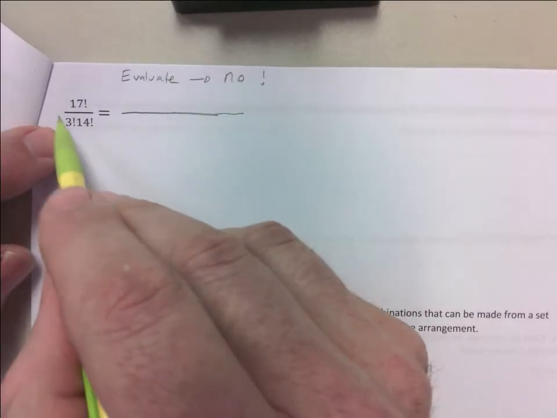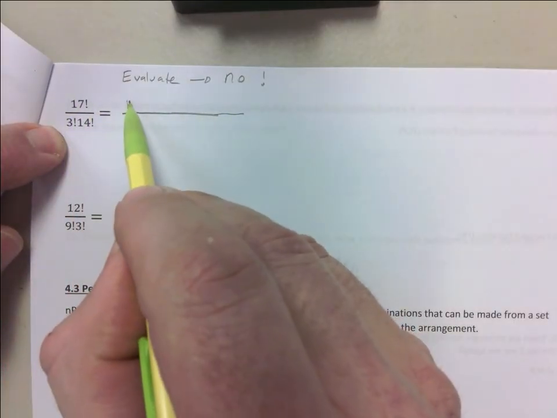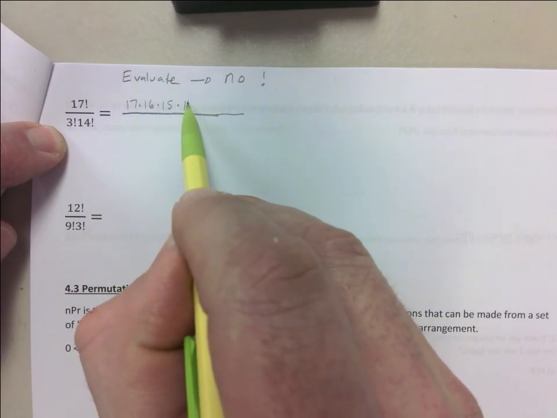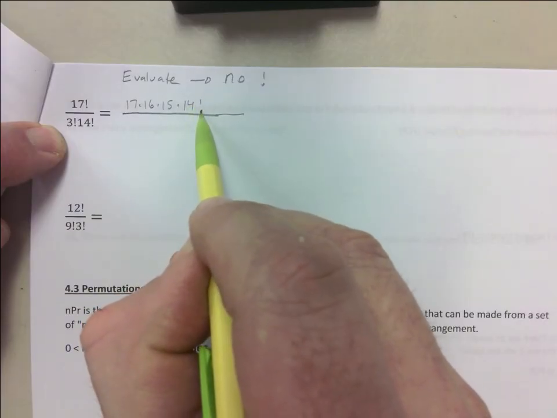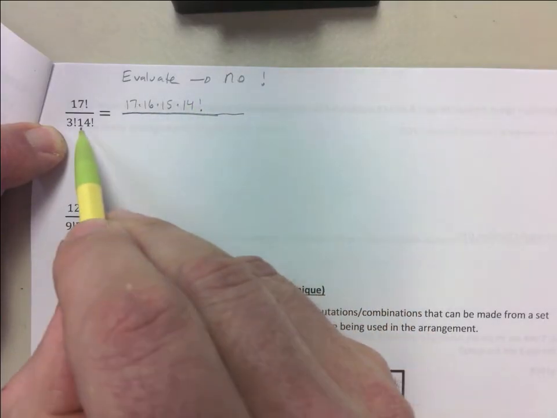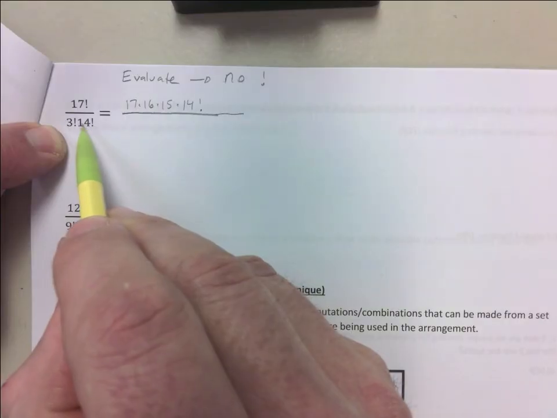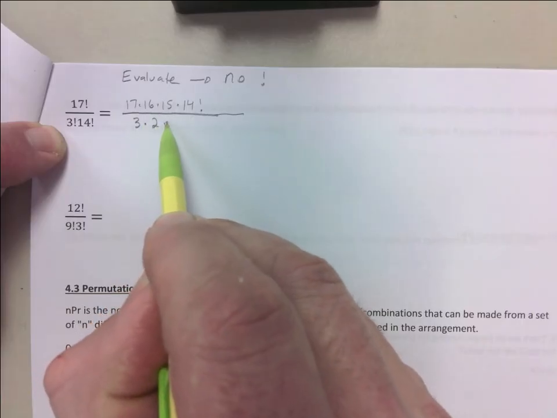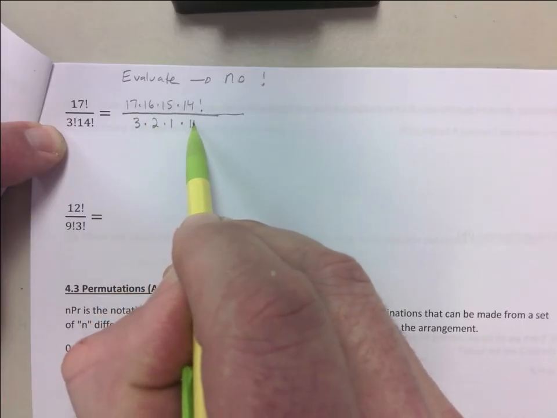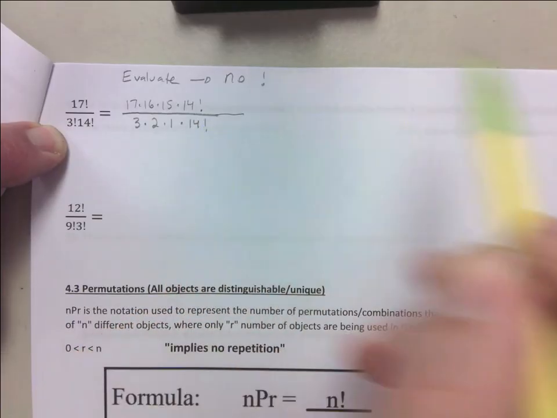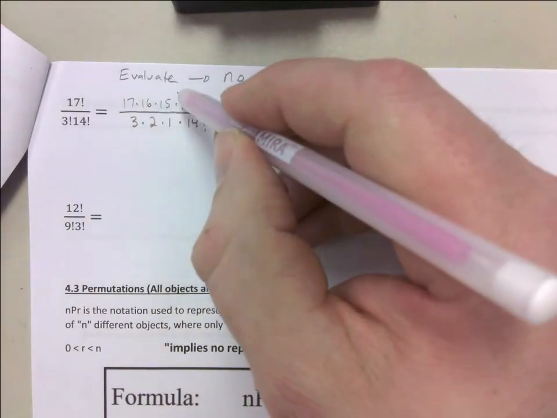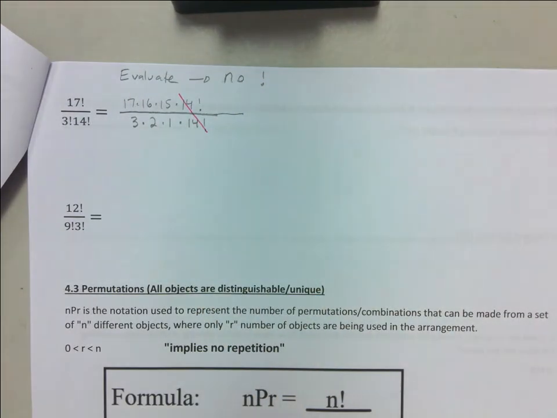So here you've got multiple factorials. 17, 16, 15, 14. I'll stop at 14 factorial because I see a 14 down here. What about the 3, you may ask? Just expand it. Everything is multiplying. You cancel out the 14s.